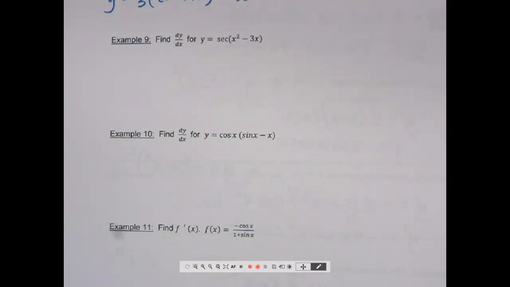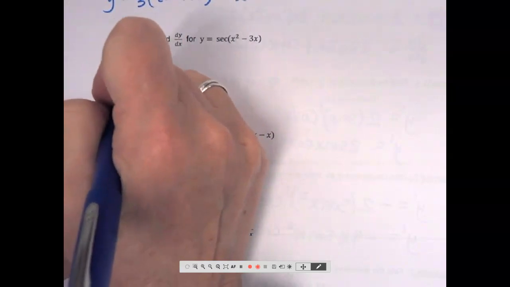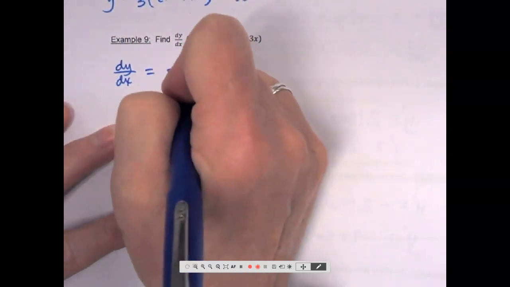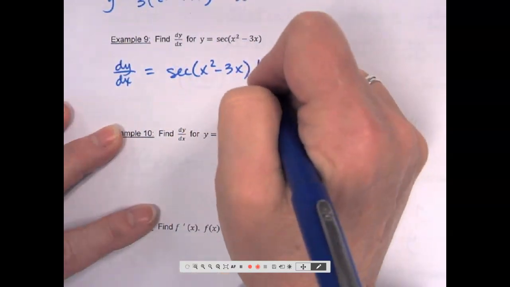So what's the derivative of secant? Y'all just told me a minute ago. Oh, secant tangent. Okay, so this is secant of something, and the derivative of that is secant of that, tangent of that.